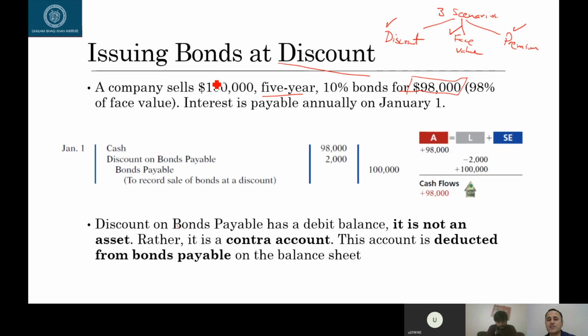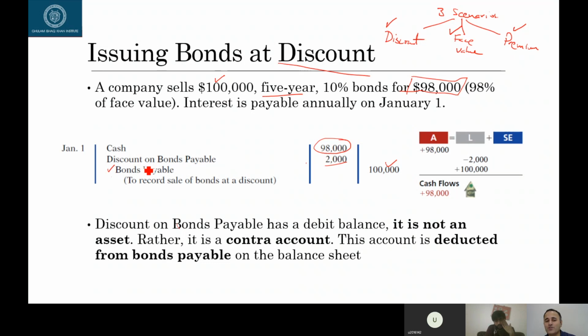Of course, if I sold a bond of 100,000 face value for 98, it means that as a company, I receive only $98,000 cash. Is it clear, Junaid? Yes, sir. Perfect. My bond payable is 100,000. Now, where does this difference go?